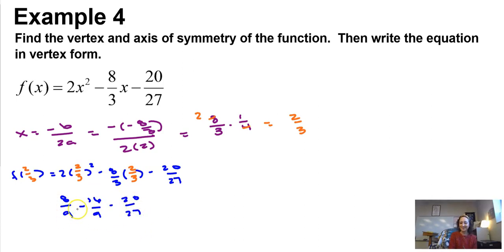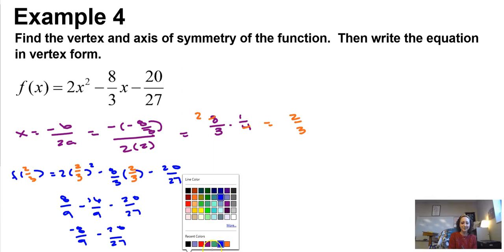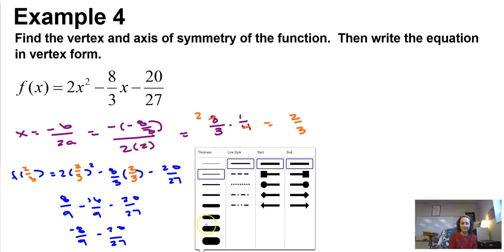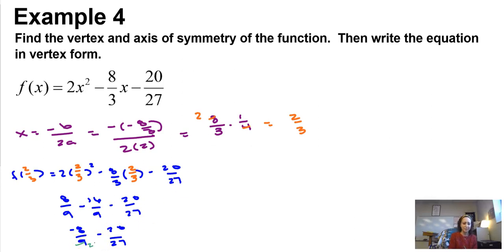Let's go ahead and work with these fractions that have a denominator of 9 first. So 8 minus 16 is negative 8, still over 9, and I still have this negative 20 over 27. All right, let's get a common denominator here of 27. So I would need to multiply top and bottom by 3. Negative 8 times 3 is negative 24.